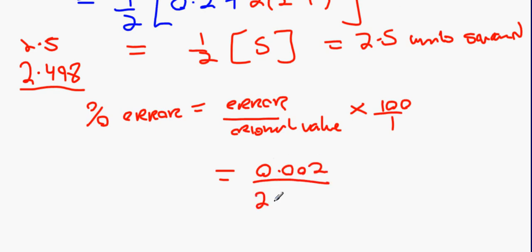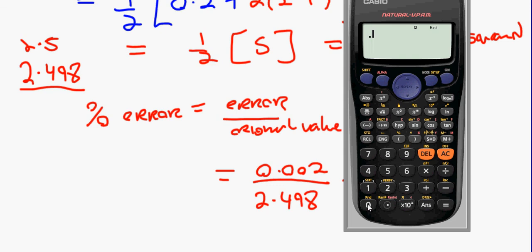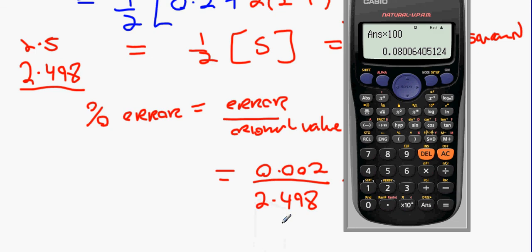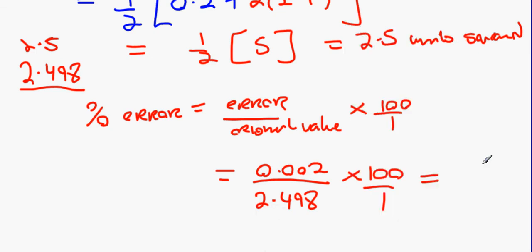Original value is 2.498. Multiply that by 100 over 1. So 0.002 divided by 2.498. Multiply that by 100. So the error here is 0.08%.